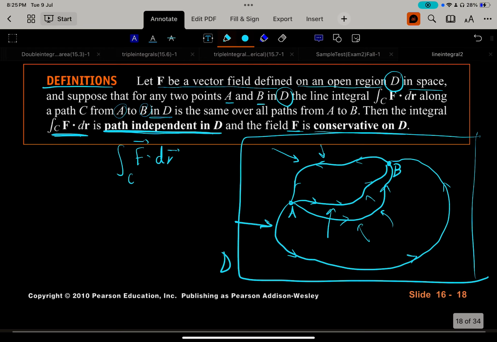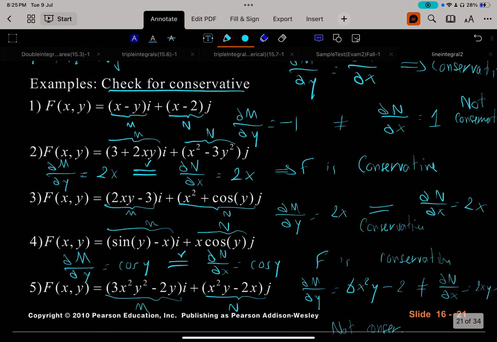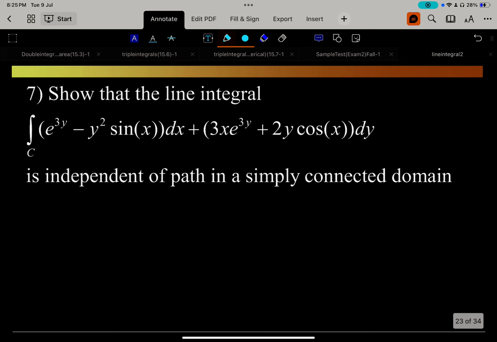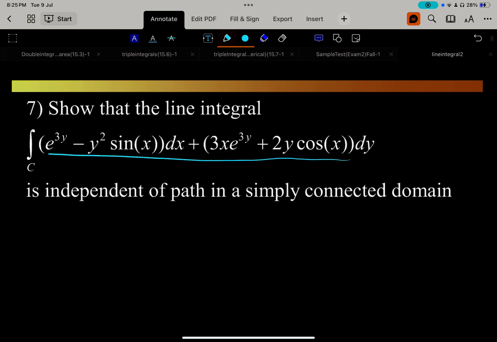So it's basically asking us if the function f is conservative or not. This is the function f, and this is m.